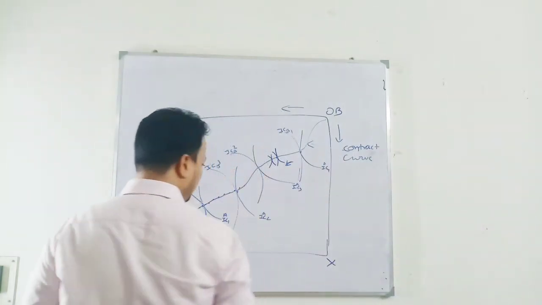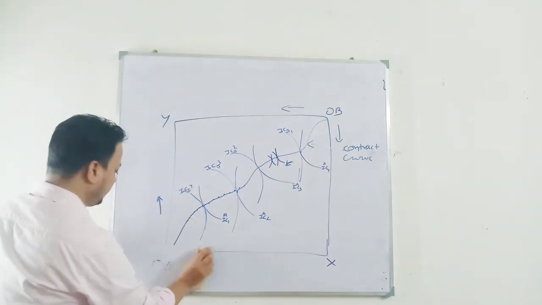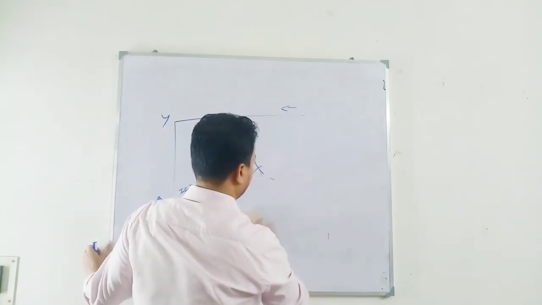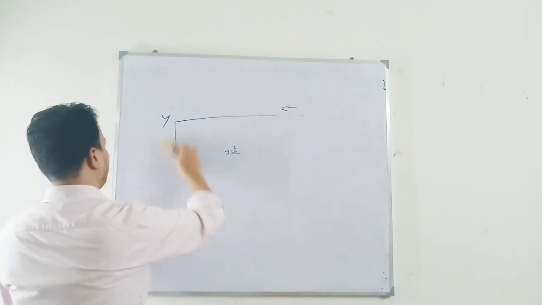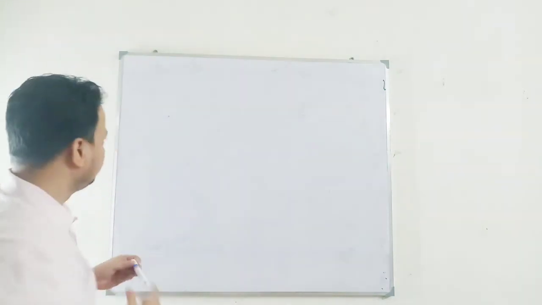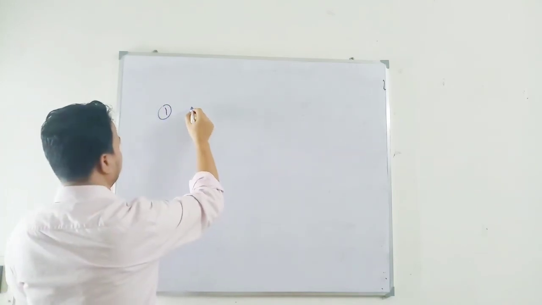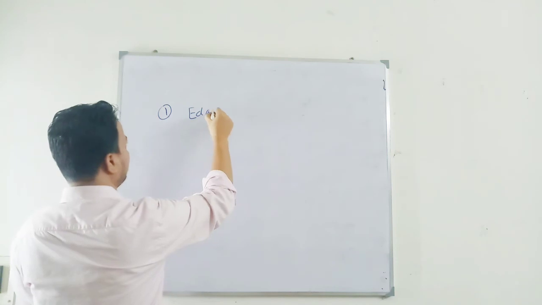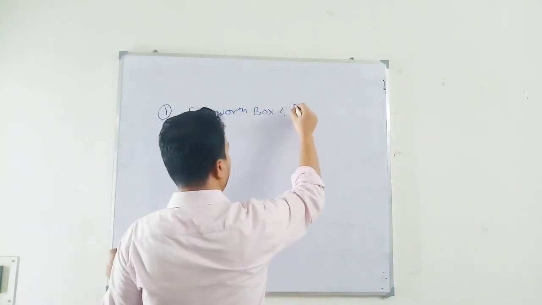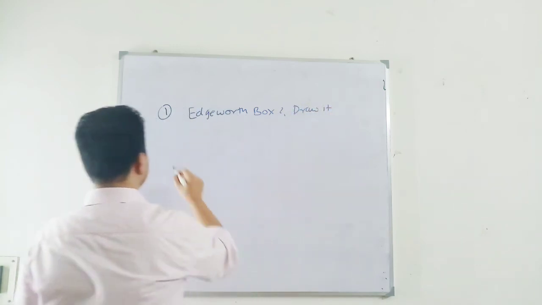So this is a concept that you need to remember. What concepts do you have to remember in this topic? Let me write them down. First, define the Edgeworth box and how to draw it given the initial endowment.